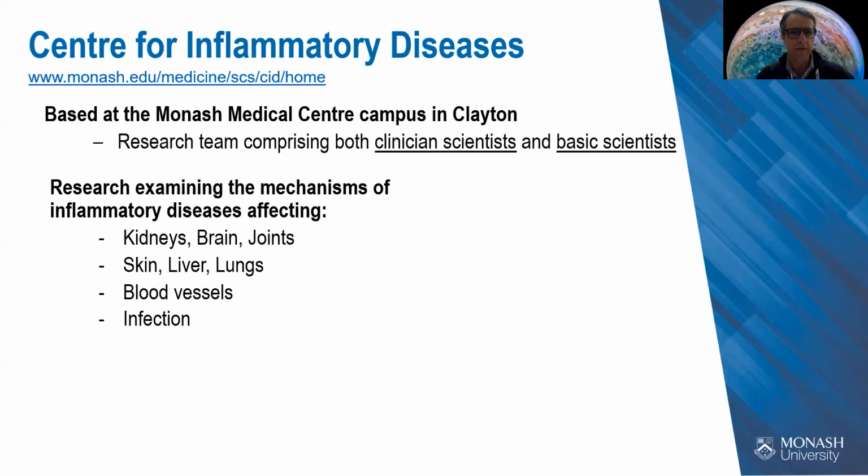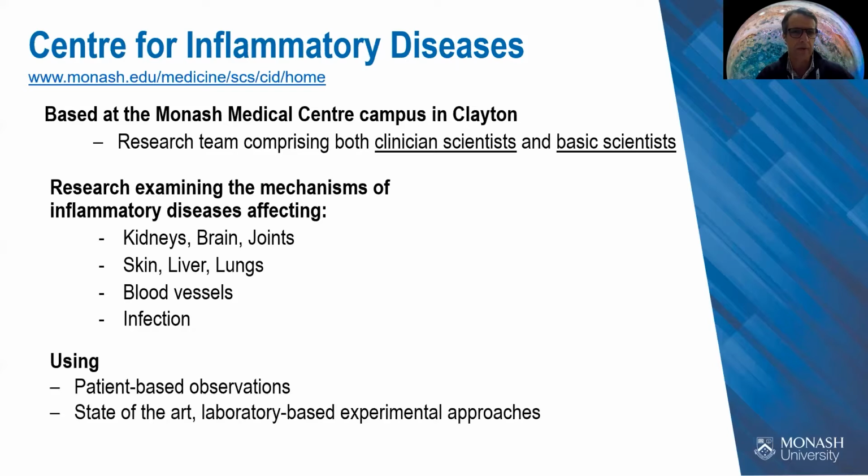We cover those particular organs with great focus. Our main approach is to use patient-based observations and to marry those up with state-of-the-art laboratory-based experimental approaches to try and understand how inflammatory diseases work and how we can combat these conditions therapeutically.